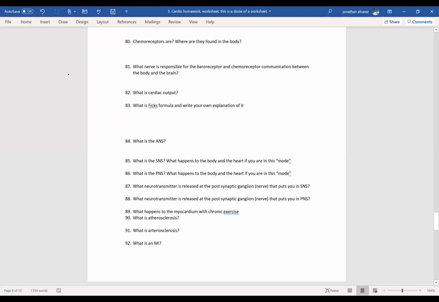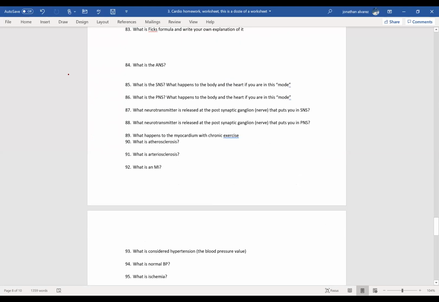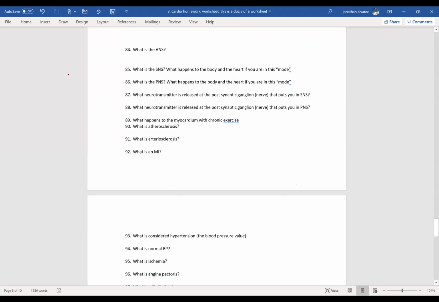Okay, the autonomic nervous system. We have the sympathetics and the parasympathetics. Sympathetics is stress. Parasympathetics is relax. So what does the heart do if you're stressed? Increases heart rate, increases blood pressure.